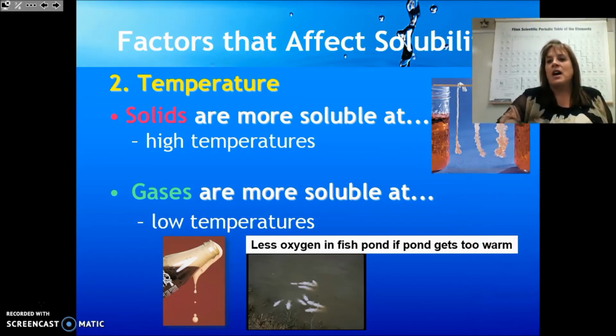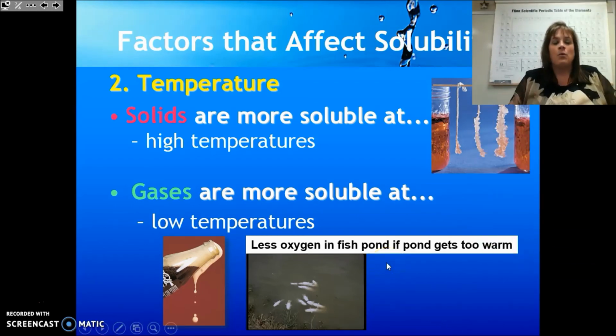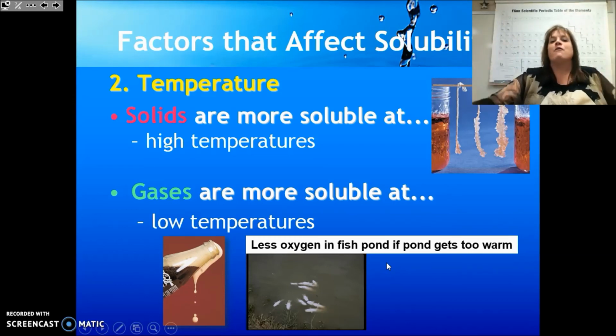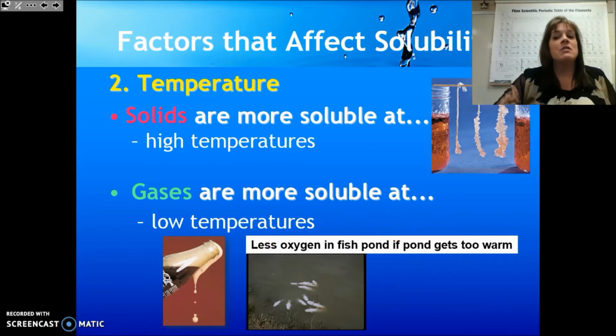If a fish pond gets too warm, then we lose oxygen out of the water, and the fishies can't breathe anymore. So gases are more soluble at low temperatures. So higher temperature, lower solubility for gases, but higher solubility for solids. So temperature, it depends.